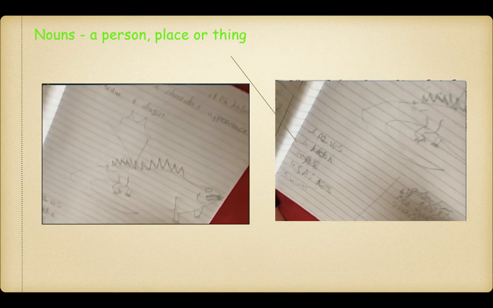Well, Dennis has named the nouns on his dragon: paws, teeth, eyes, and spikes. So he already has his nouns, so he's going to come up with some adjectives to describe his nouns. So we could have large paws, could have sharp, pointy teeth, could have red eyes, yellow and red eyes, and we could have pointy spikes.